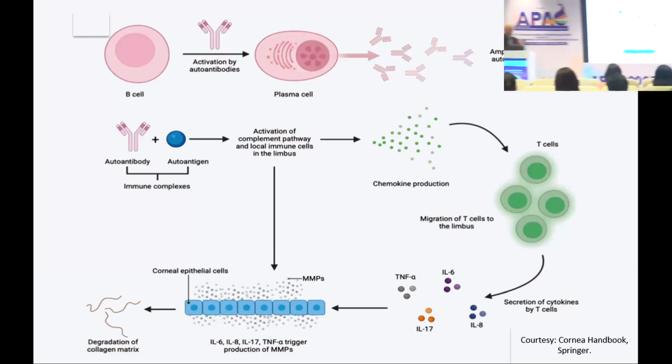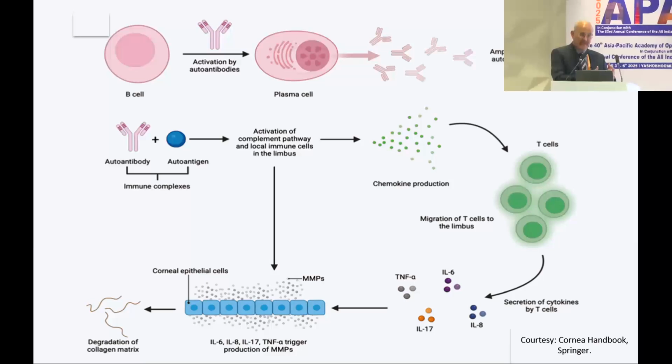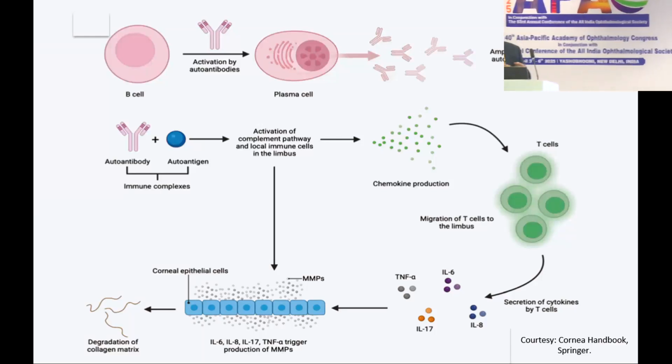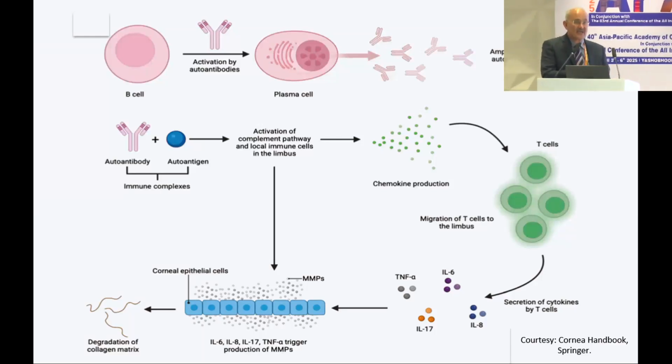The body has a surveillance mechanism with lymphocytes, and they come sample each tissue of the human body, and if they find there is an alteration or abnormality, they signal, they express MHC class 2 molecules, and then they secrete cytokines, telling other cells that there is some intruder because they think that it's not a normal structure. That is what we call autoimmune, meaning our immune system has turned against us.